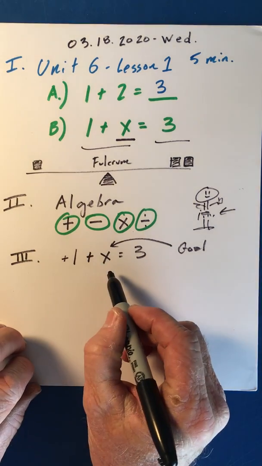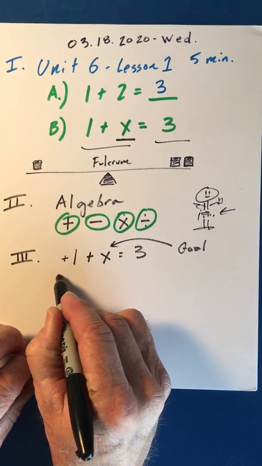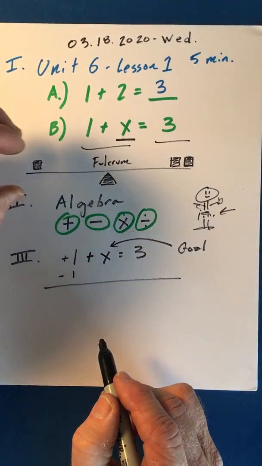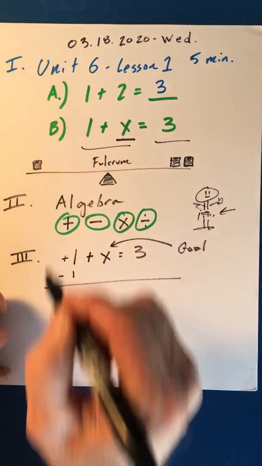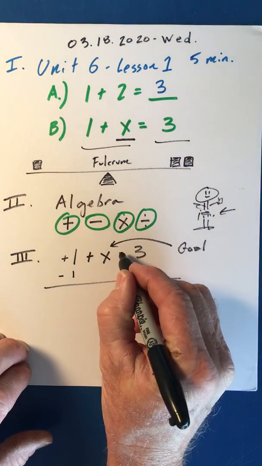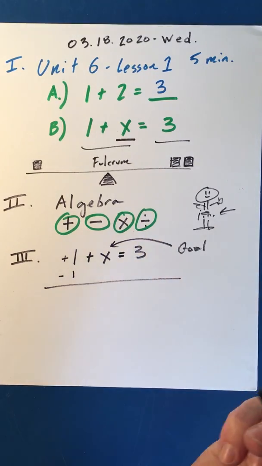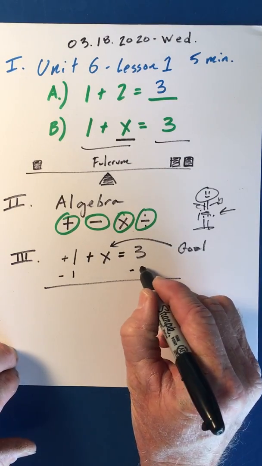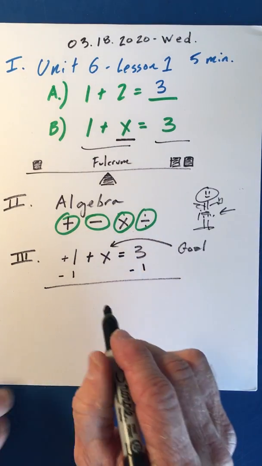If we want to get this x by itself, well, if I subtract 1 from this side of my fulcrum, if I take one thing away from one side of my seesaw, to keep it in balance, to make this a true statement, to make this truly an equation, I'm emphasizing the equal part, if I do it to this side of the equation, I've got to do the exact same thing to this side of the equation as well.